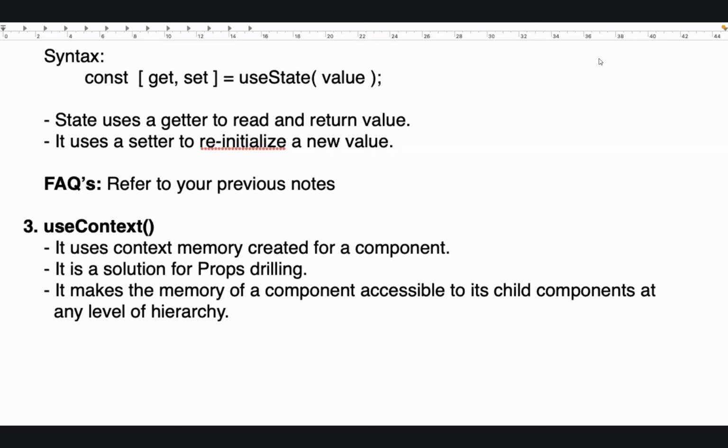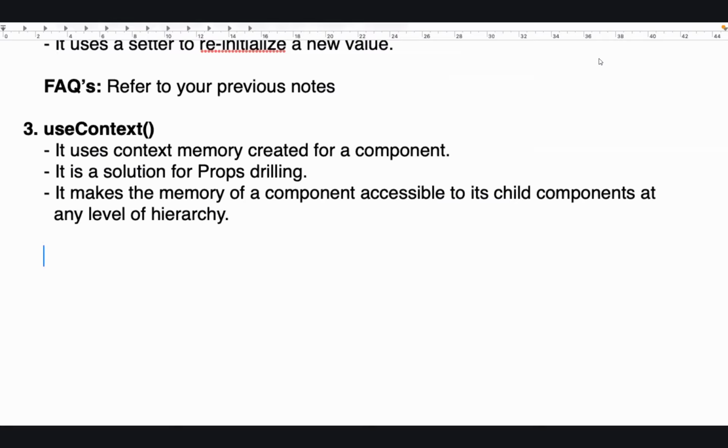So with context memory, you can access it at any level of hierarchy: child, nested children, anywhere we can access. I will just give the basic syntax.